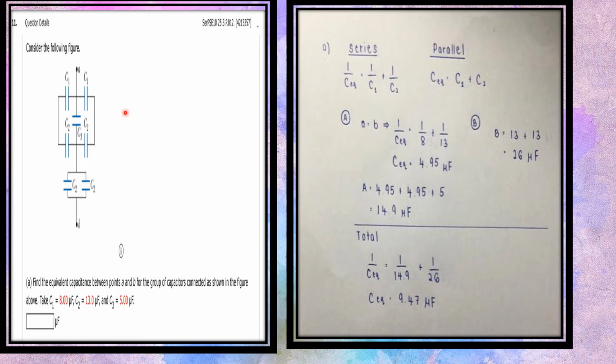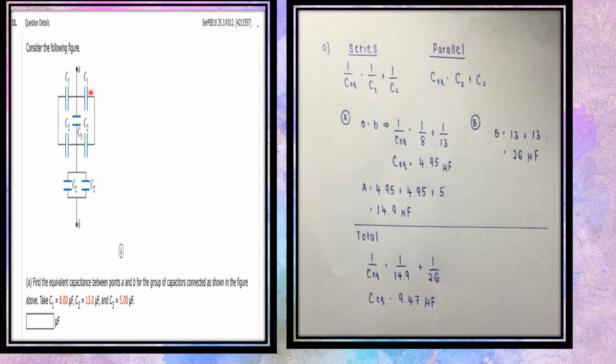To solve this question, we consider this point A and this point B. C1 and C2 we consider as a series, but C3 is parallel to C1 and C2. To calculate the C equivalent of C1 and C2, we use the series equation, 1 over 8 plus 1 over 3.